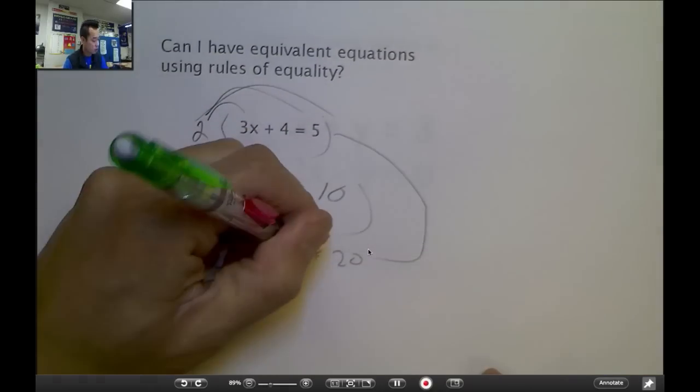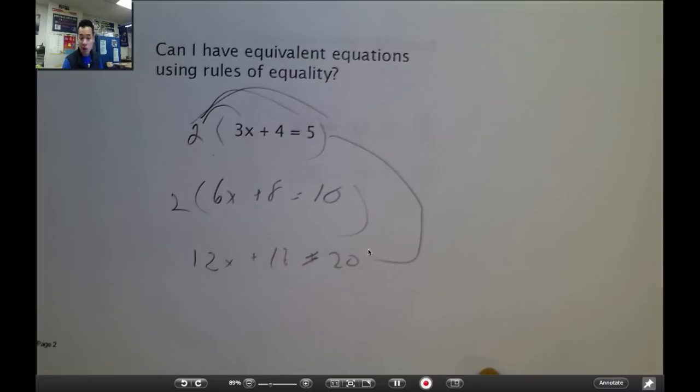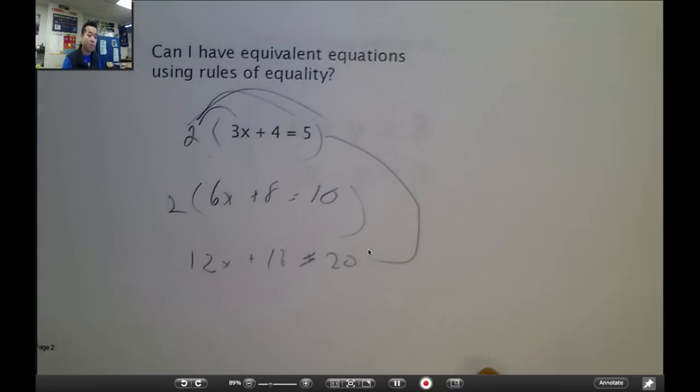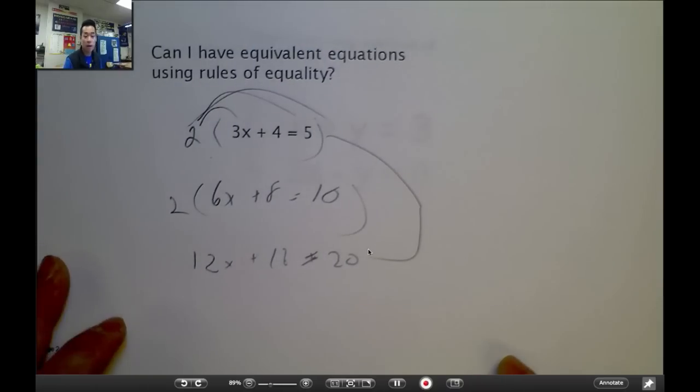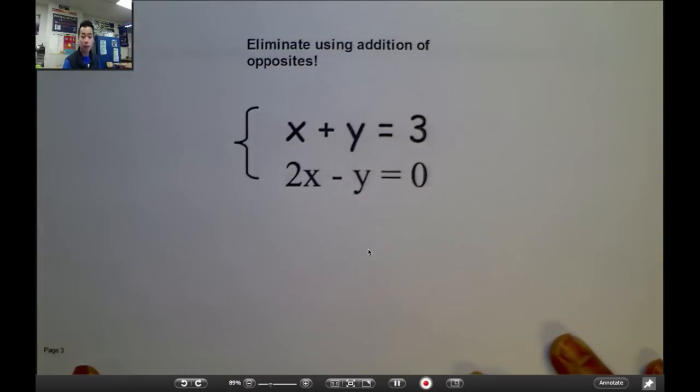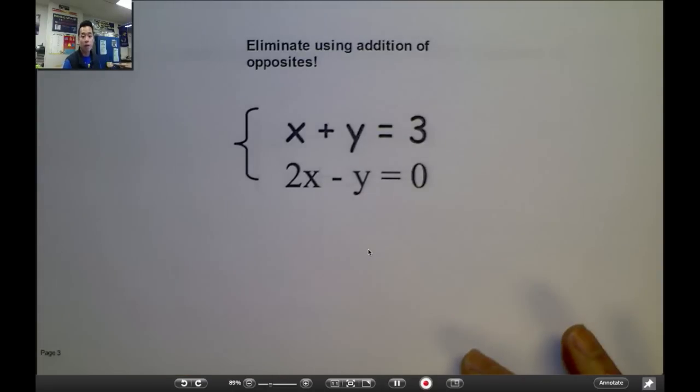So let's just jump right in. Because I know that I can manipulate my equations, just like I can manipulate fractions or other rational numbers, we can eliminate them quickly so that we isolate only one variable of our equation. So here we have x plus y is equal to 3, 2x minus y is equal to 0.